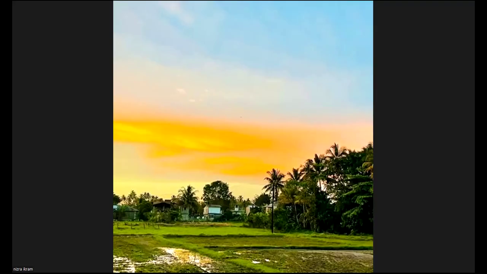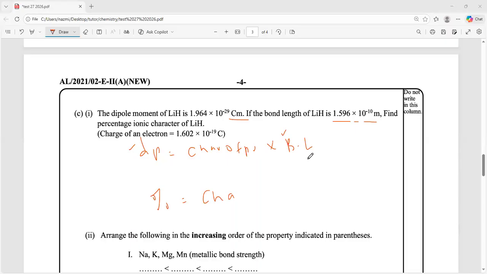Okay, we'll continue. They have given the dipole moment and the bond length.